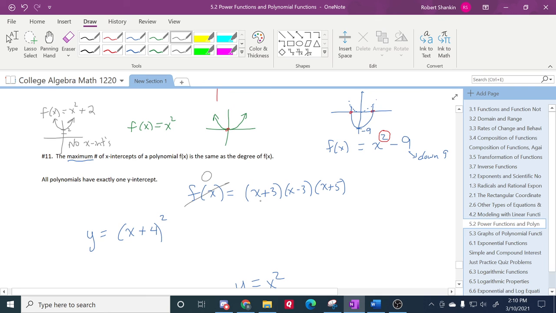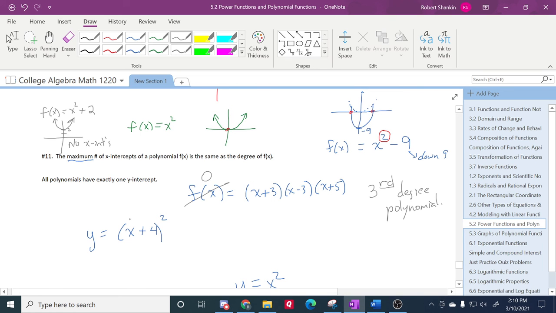And if it had 3 solutions, then notice this would FOIL out and become a third degree polynomial. A third degree polynomial can have 3 solutions, but a second degree polynomial can't have more than 2 solutions.